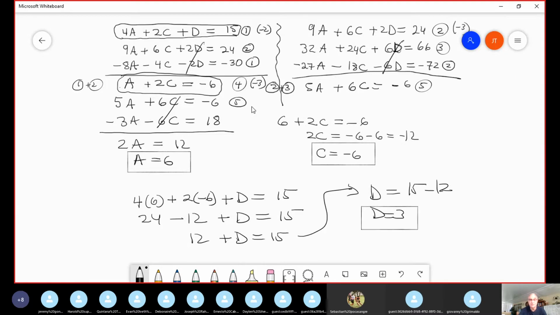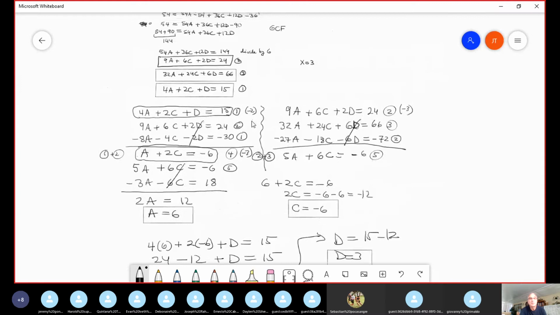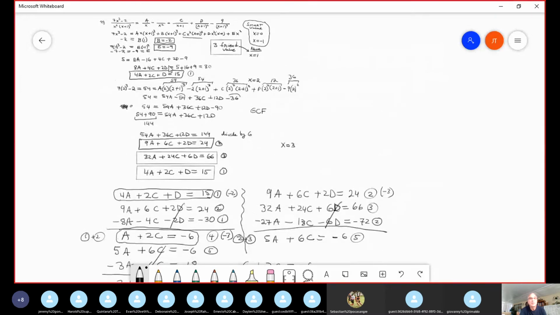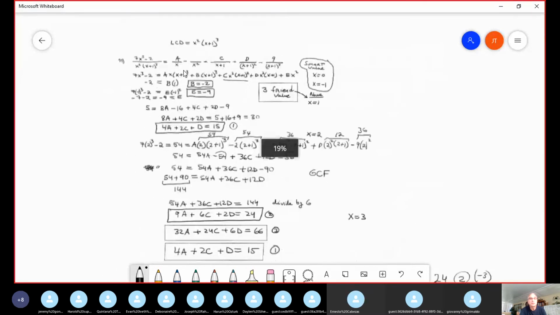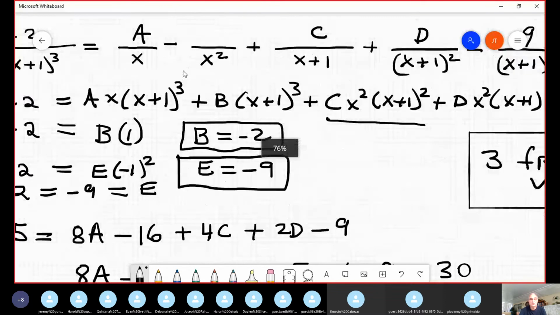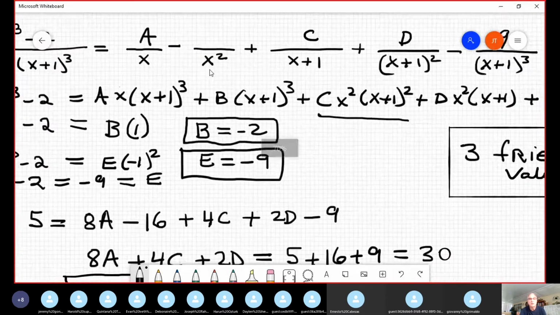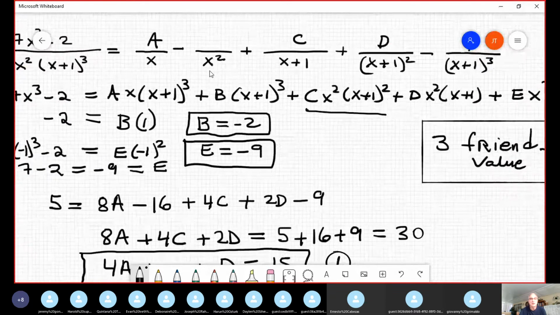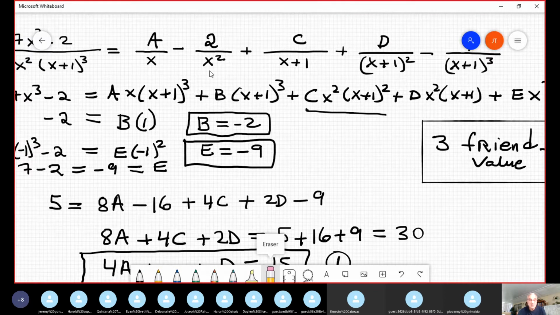Okay, so what is my final answer? My final answer is what I discovered. A is 6. I come back to the beginning, guys. Look. Make it zoom. Well, no, B was negative 2. I forgot to put 2 here. A is positive 6.